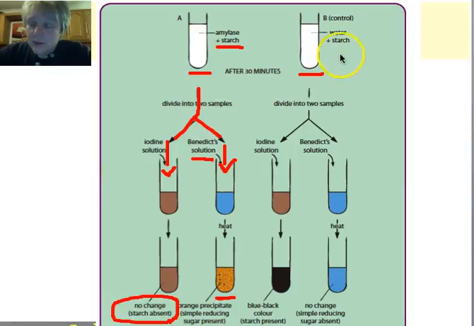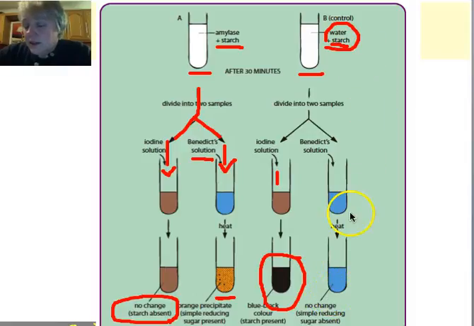In this test tube here, it's a water and starch one. Now the amylase isn't breaking down the starch because it isn't there. So when these samples are divided and tested for the presence of starch, so you add iodine solution to it, you will find that it turns a blue-black colour because the starch hasn't been broken down.